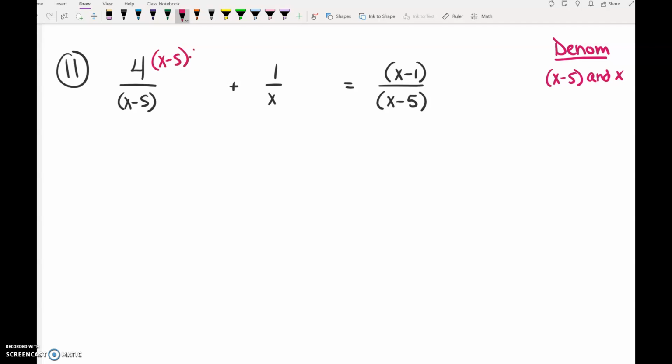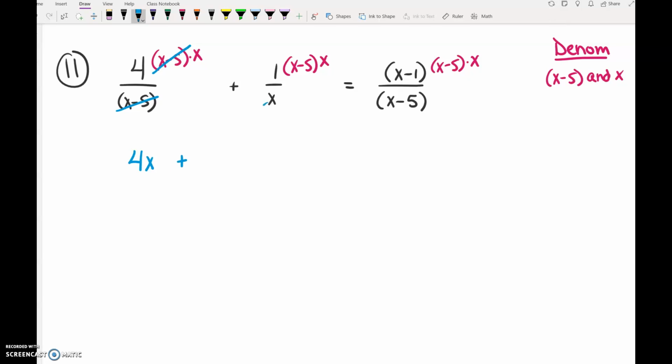X minus 5 times x, x minus 5 times x, x minus 5 times x. I guess I didn't really need it like that. The slashing game. X minus 5 cancels. We're left with 4x.